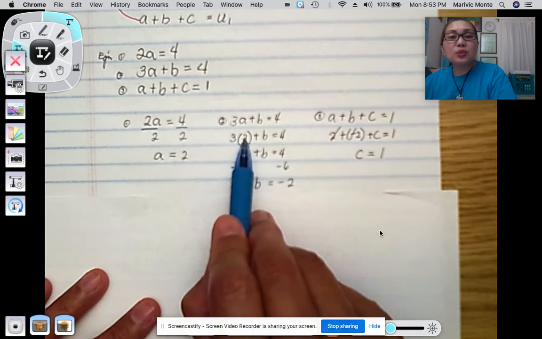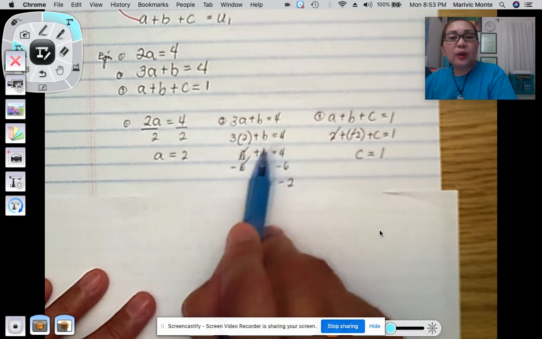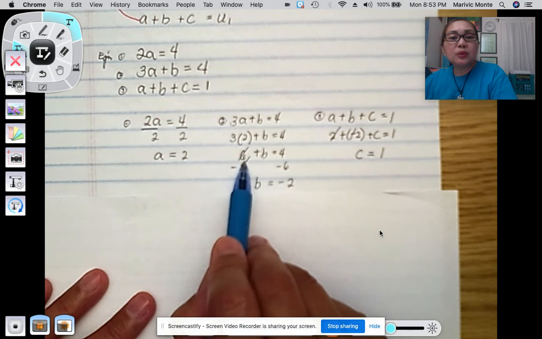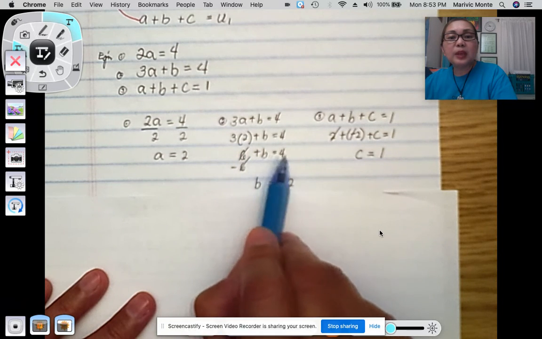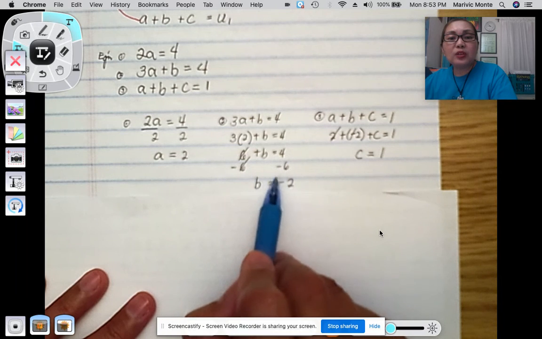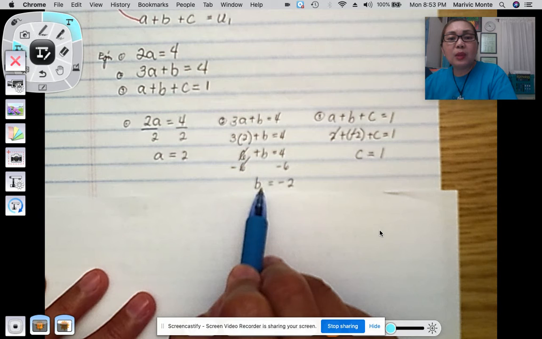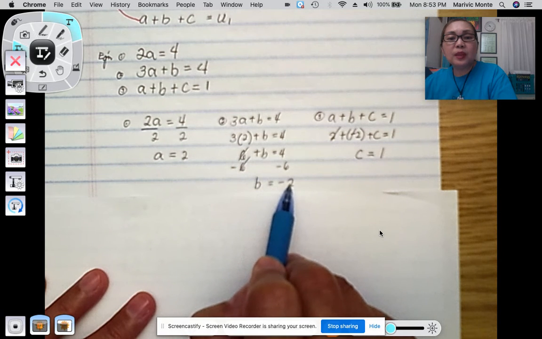Substituting 2 for a, you have 3 times 2 plus b equals 4, and 3 times 2 is 6, so 6 plus b equals 4. Then we subtract 6 from both sides, canceling those 6, which gives us b equals negative 2, since 4 minus 6 is negative 2.